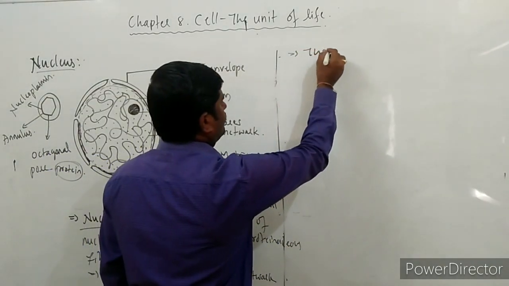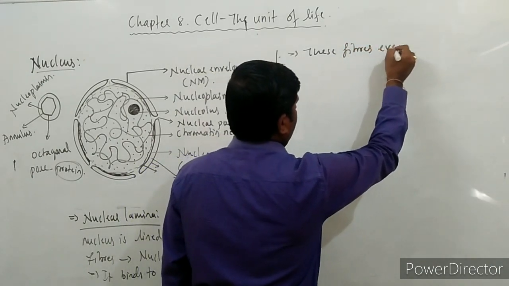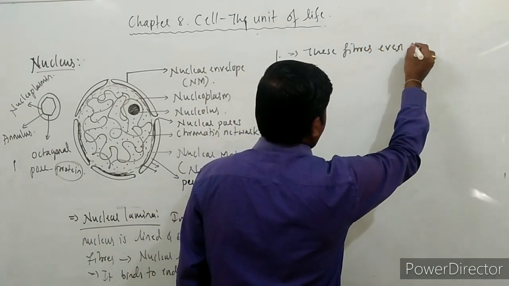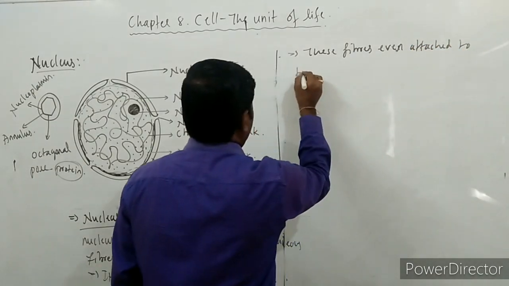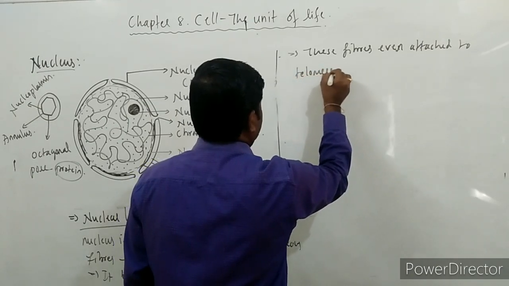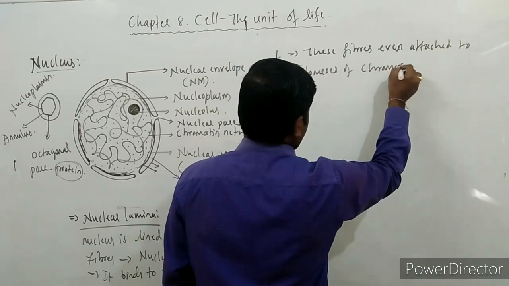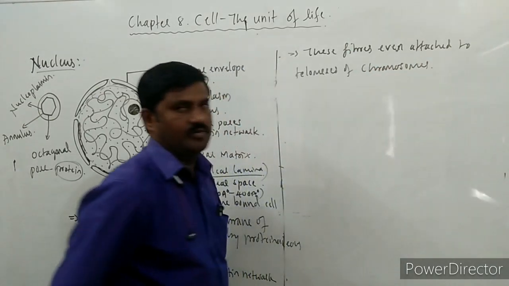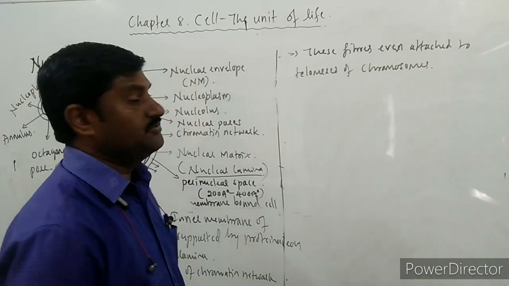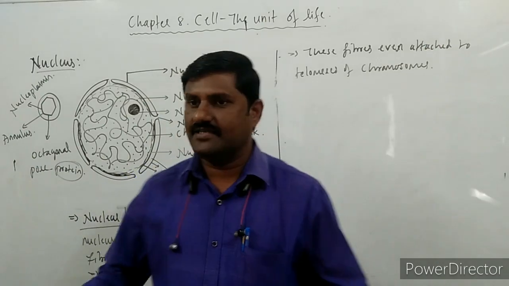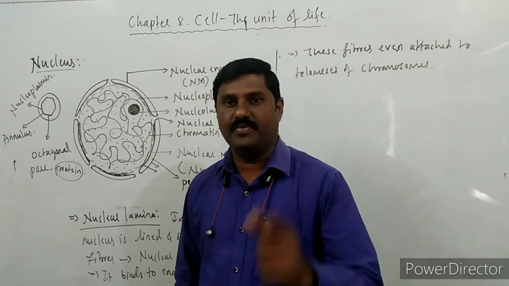And these fibers are even attached to the telomeres of the chromosomes. Telomeres of the chromosomes, that is the terminal part of the chromosomes, are attached over here. So it drags this chromatin material up to the inner surface of the inner membrane itself.